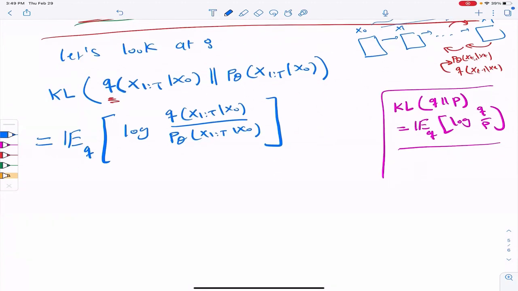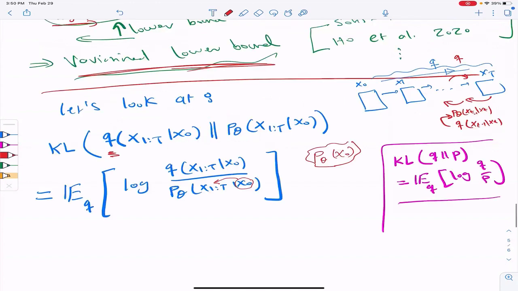All right. Next, I'm going to bring this x0 into the argument. Why am I doing this? Because at the end of the day, remember, my goal is to somehow model or get some sort of approximation for p theta of x0.